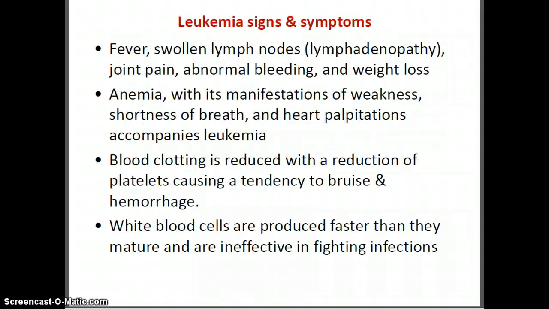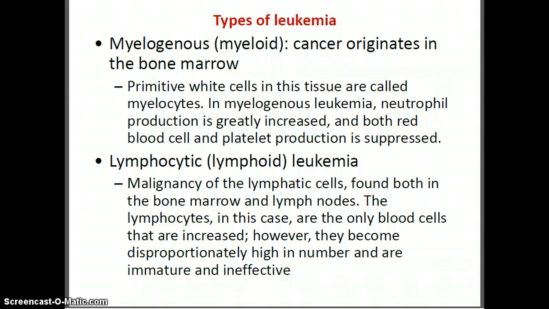Signs and symptoms, again, swollen lymph nodes, anemia because there's an overabundance of white blood cells and therefore an underabundance, we could say, of red blood cells. These are the types of leukemia. If it originates in the bone marrow, it is myeloid.